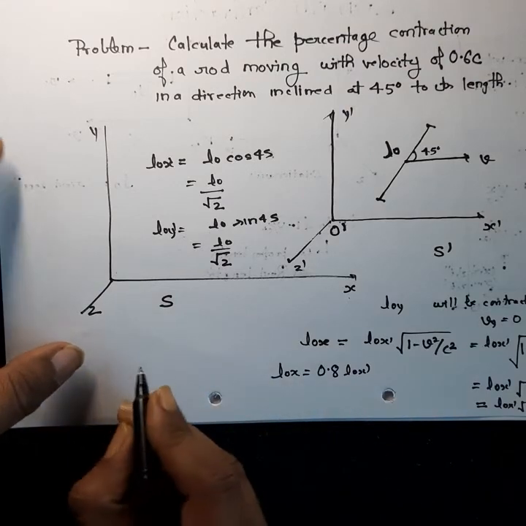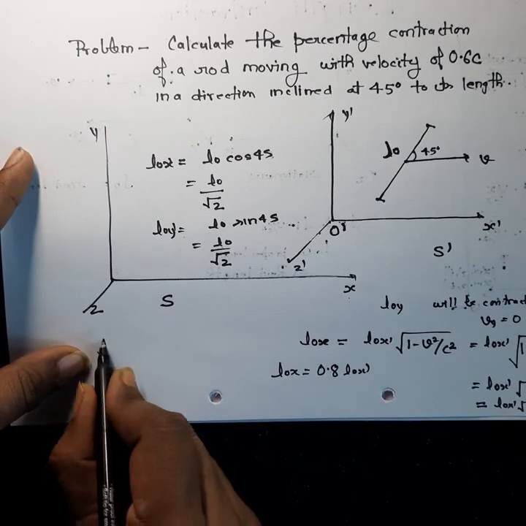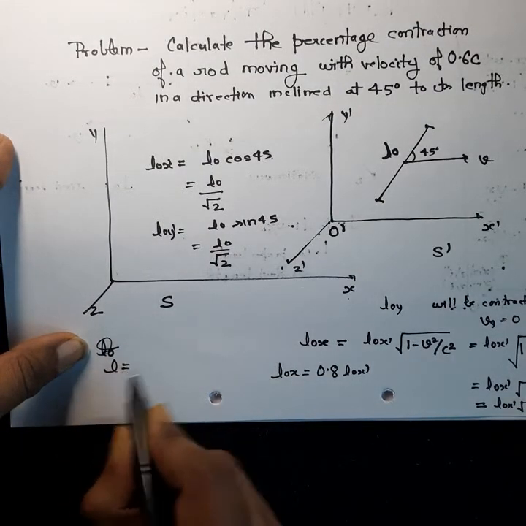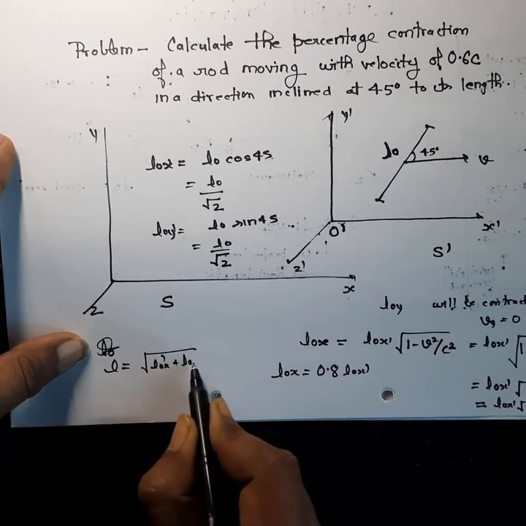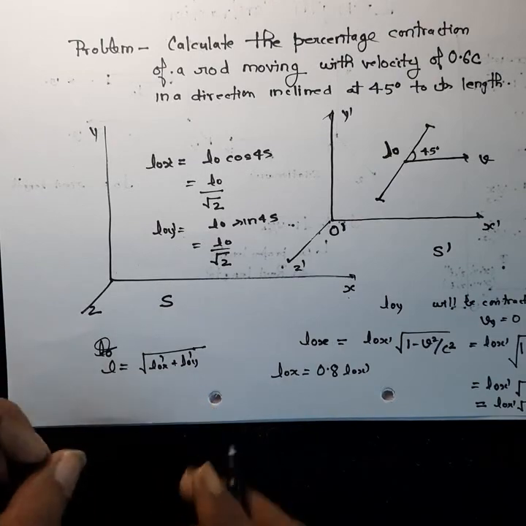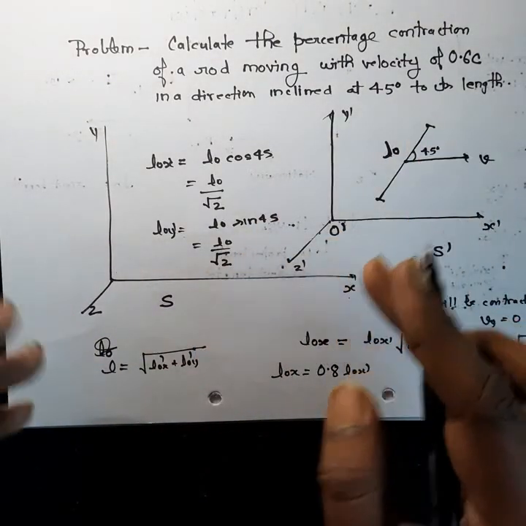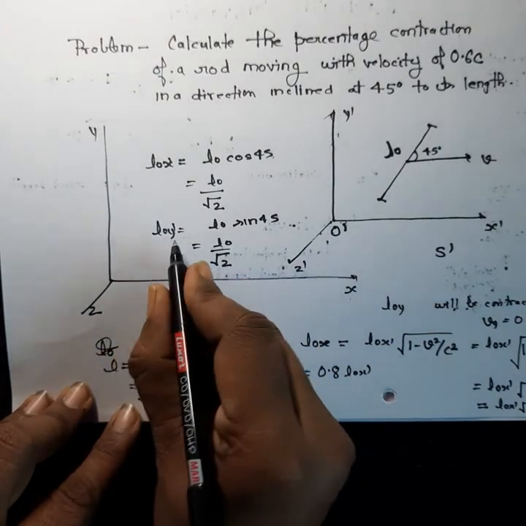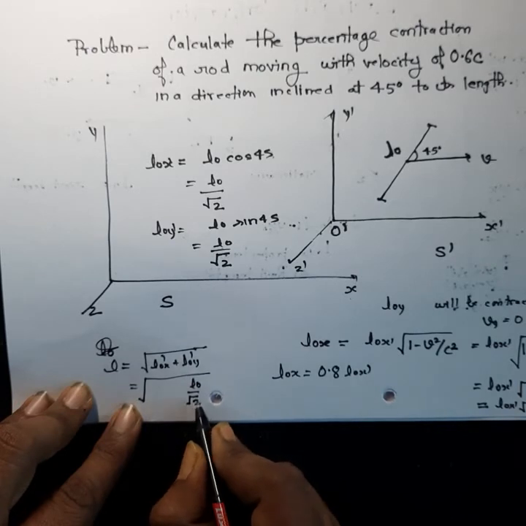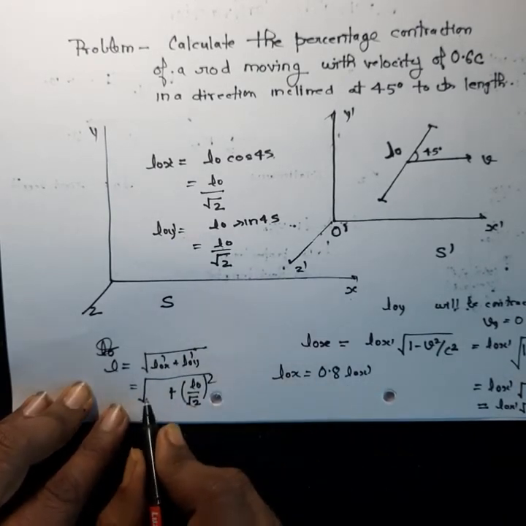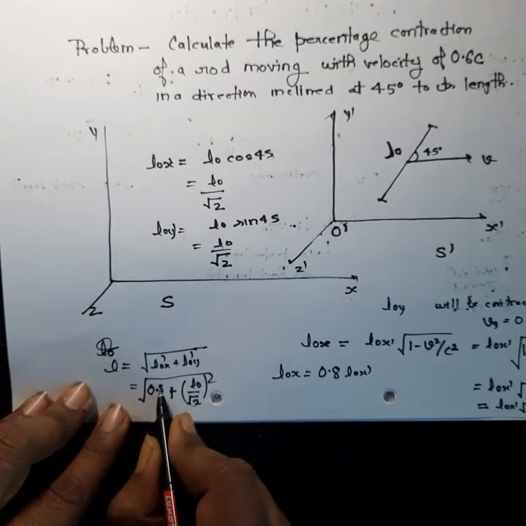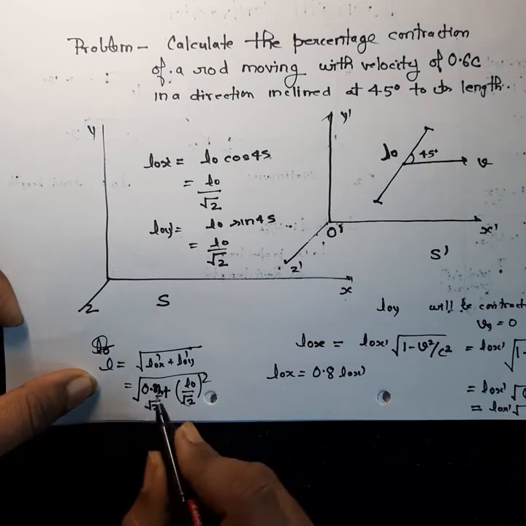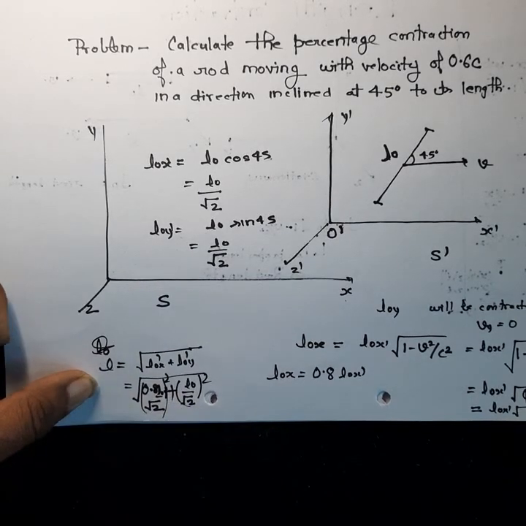So the actual length in the S frame of reference can be written as L equals the square root of L0x dash squared plus L0y dash squared, because we are taking the contribution of both the resolved components. L0y dash had no contraction, so you can write L0 by root 2 whole squared plus 0.8 into L0 by root 2 whole squared.